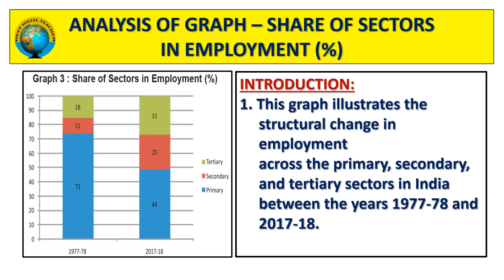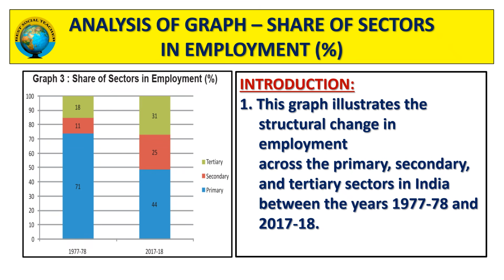You have to write like this. The first point: this graph illustrates the structural change in employment across the primary, secondary and tertiary sectors in India between the years 1977-78 and 2017-18.